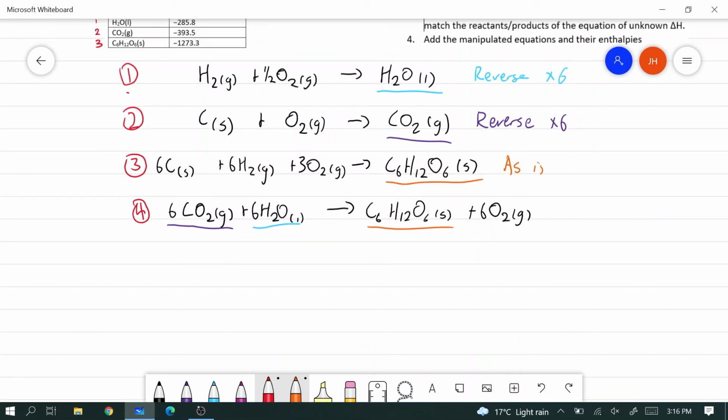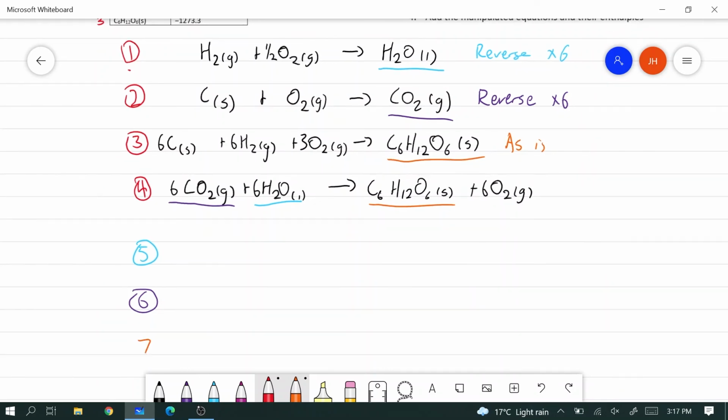Now that we have all of that information down, we can rewrite equation 5, equation 6, and equation 7. For equation 5, we're making adjustments to our formation of water equation. So we're going to reverse the equation and have water on the reactant side, and then have our reactant on the product side.